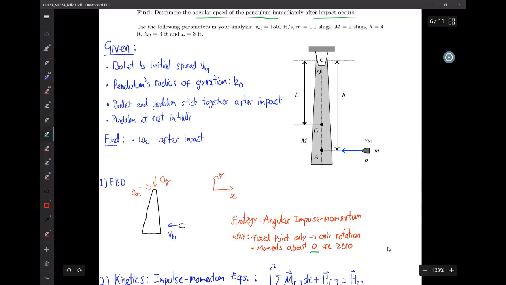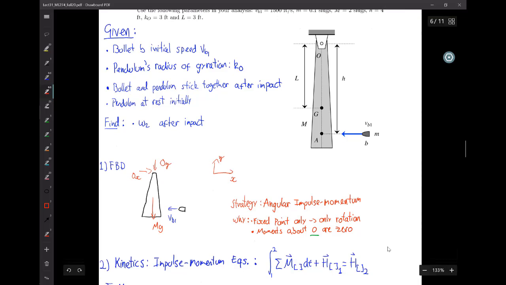So if I add those forces there that I haven't added, sorry, and the weight, we observe that indeed moments about O are zero. There is no force with a moment arm.